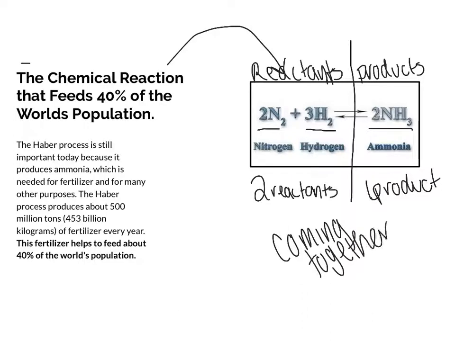So when you are looking at chemistry and you have these chemical reactions being written, a synthesis reaction can be identified by looking at the two sides of the arrow, your reactant and your product side, and counting how many reactants and how many products you have. That's how you will identify a synthesis reaction.